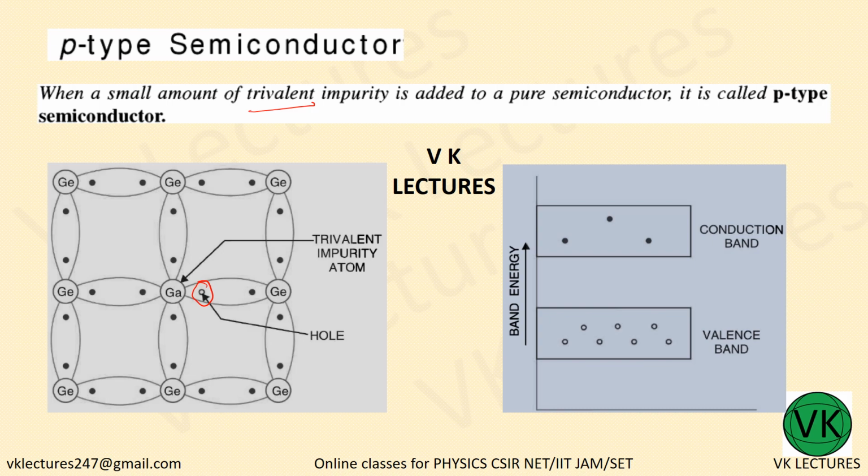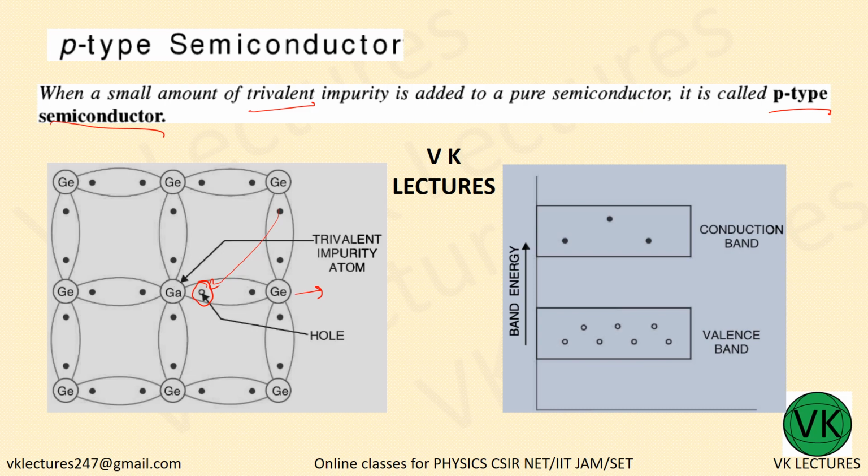Now, once the neighboring atom gives its electron to this hole, the hole will keep moving. That means the holes will start moving, so conduction is by positive holes, that is p, positive. That is why it is called a p-type semiconductor.